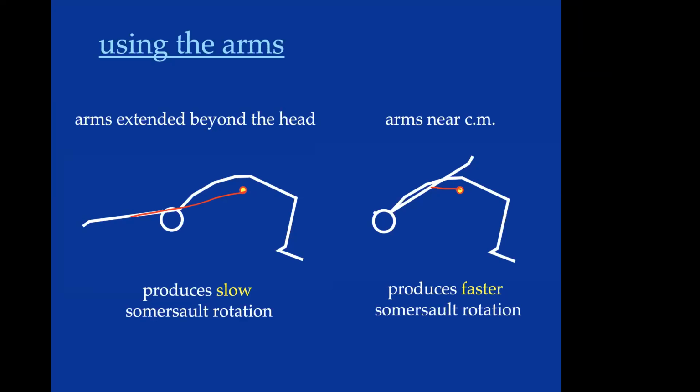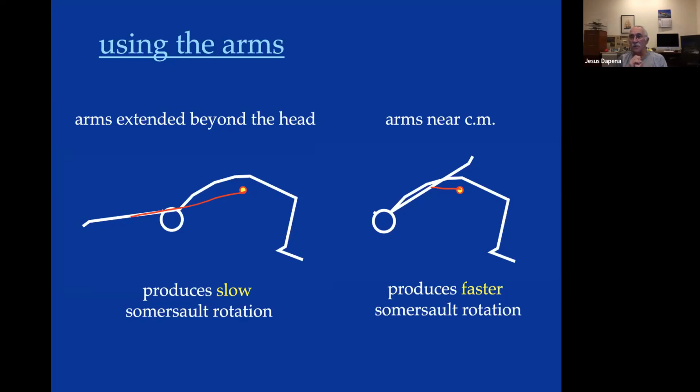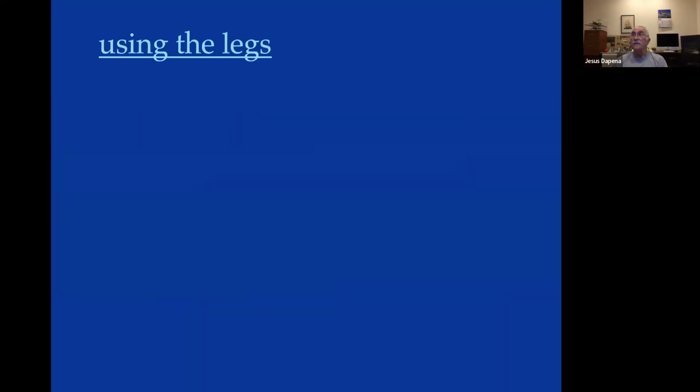Then the arms came to the middle, closer to the axis of rotation, and the rotation became much faster. The example on this slide is really the same thing, but about an axis that is parallel to the bar. It's a somersault rotation, not a twist rotation. So using the arms you can achieve this, but you can also do it using the legs.